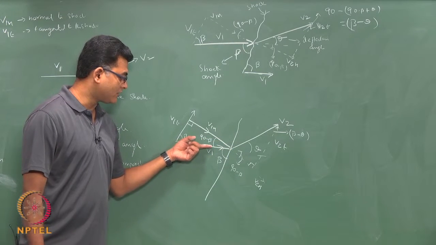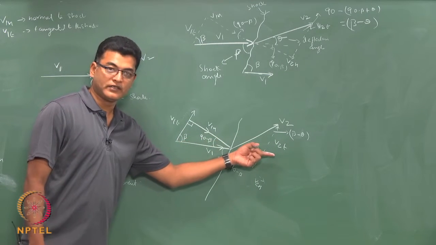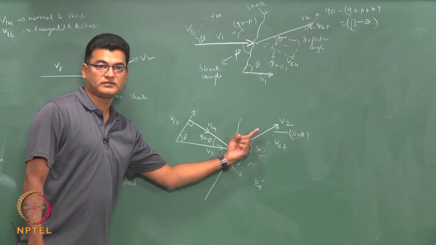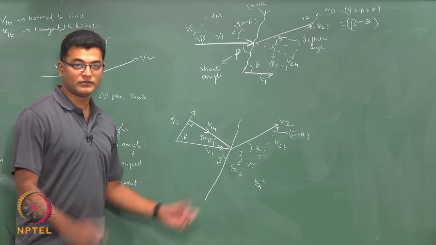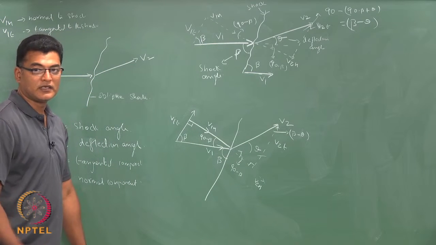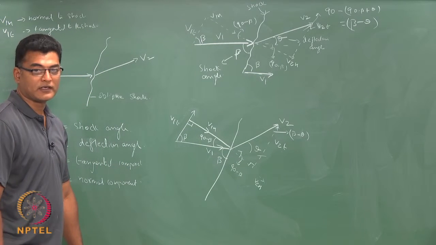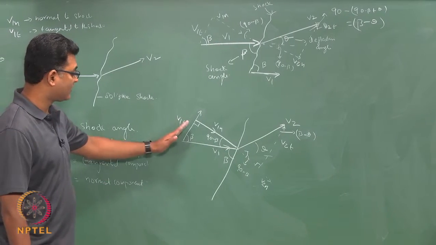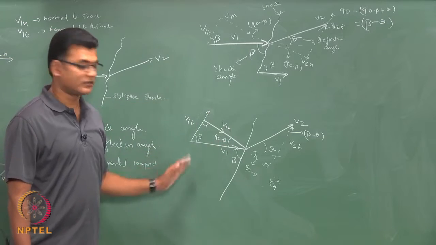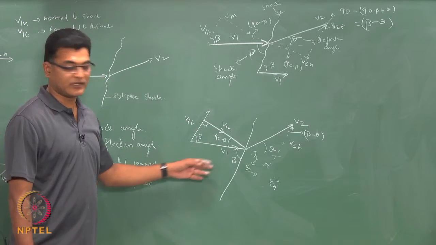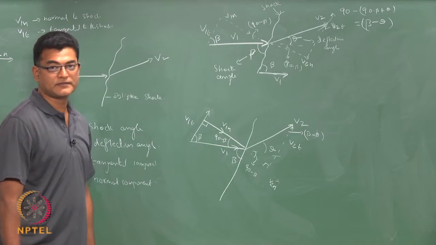So, if there was no shock, the velocity would have been going straight. Now, it is deflected by theta, that is your deflection angle. So, these two angles we have to be very clear, and everything else will follow from there. Okay. So, tangential velocity is parallel to your shock, normal velocity is normal to your shock. That completes your velocity triangle from which you can find all this.